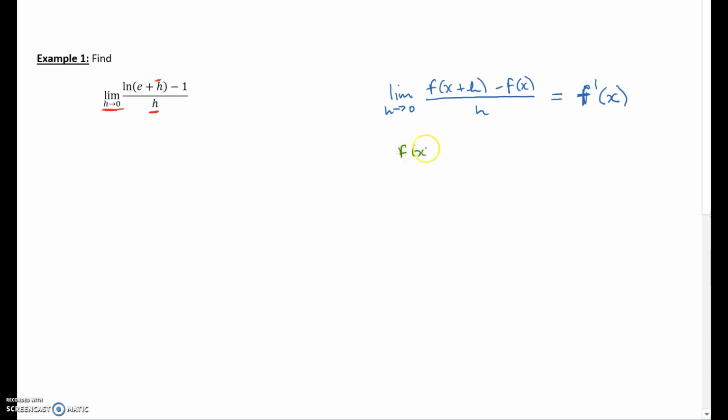Just by comparing the relative positions of these things, f of x plus h would be equal to the log of e plus h. f of x is equal to 1, and that would mean f prime of x, because it looks for all the world like x and e have swapped places, so f prime of x would be f prime of e.